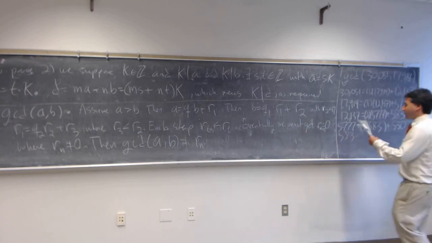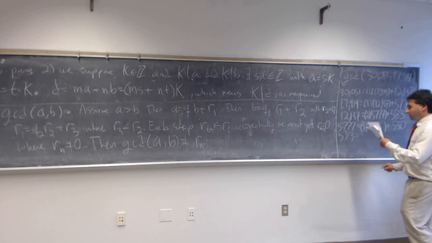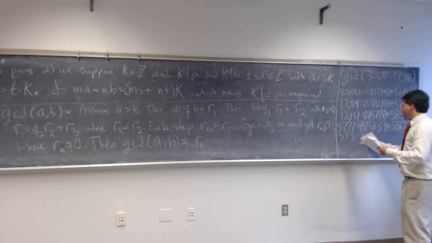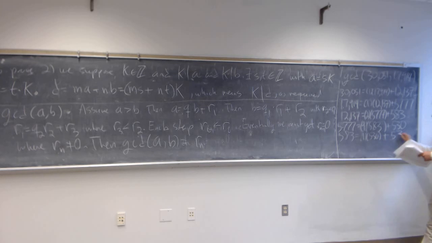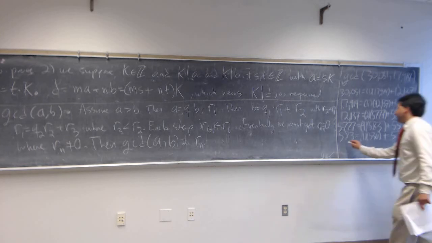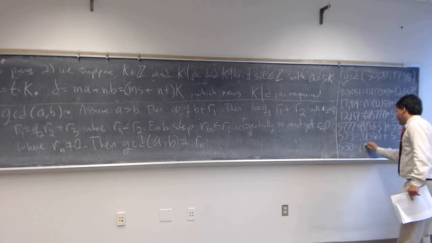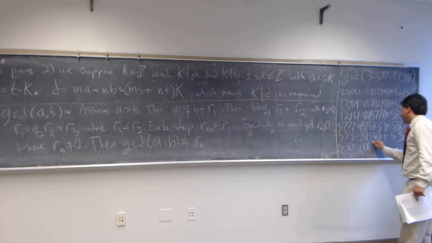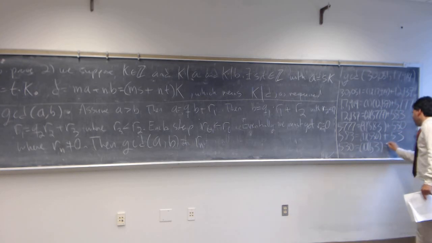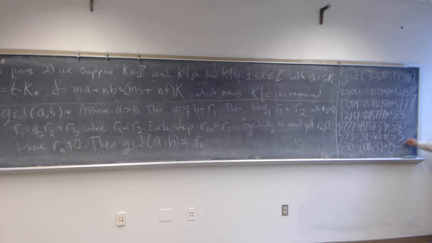And then 583 is actually 1 times 530 plus 53. And then finally, 530 is 10 times 53 plus 0.